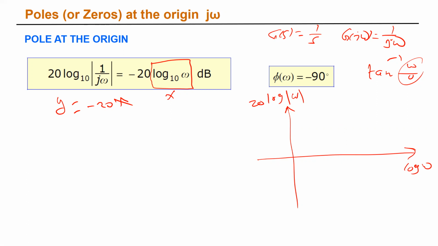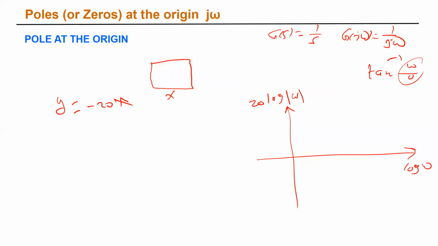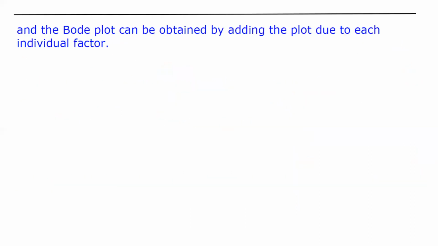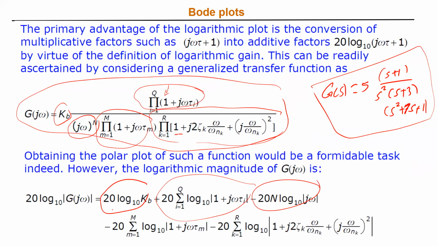What we addressed before is the case of having a constant g of s. g of s was a constant. If you have a constant, you treat the constant alone and treat this one alone, then add them. A moment ago we assumed that g of s is equal to k. Now g of s equals 1 over s. Look, Abdurrahman, I'm taking those factors and sketching this one by itself, and this one by itself.